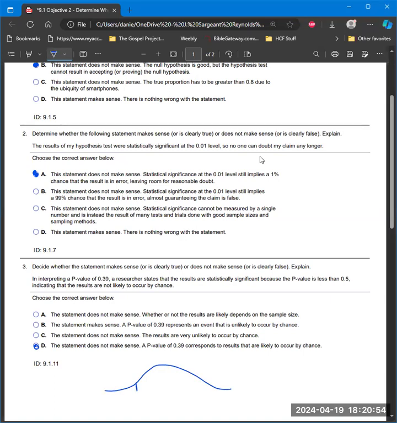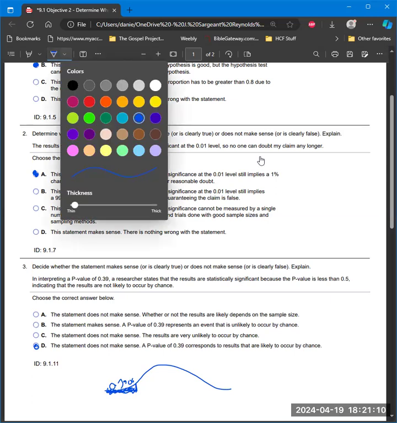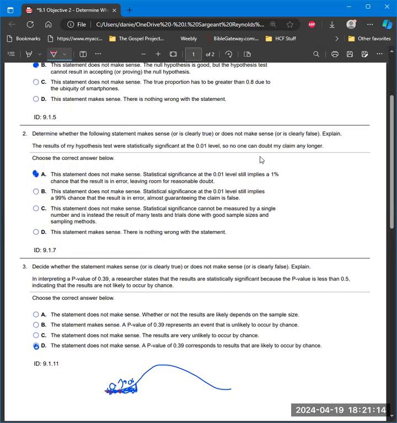It means that 39% chance here is less than, and let me grab a different color. You may want 1% or 5% here for your level of significance. Alpha equals maybe 0.1%.